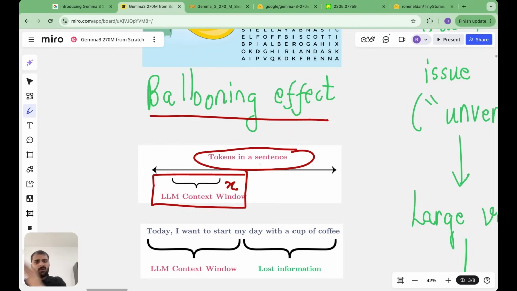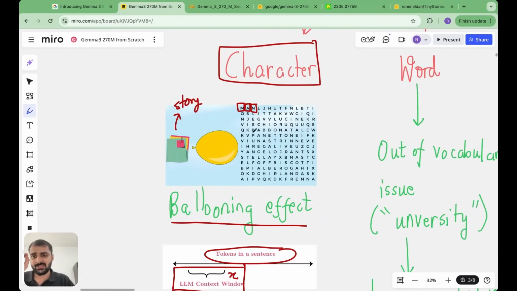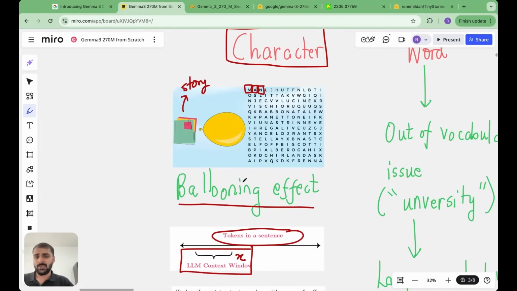If my story does not fit within the context window, context is lost and answers will not be produced properly. This is one major issue with character level tokenization. It leads to the context window problem.